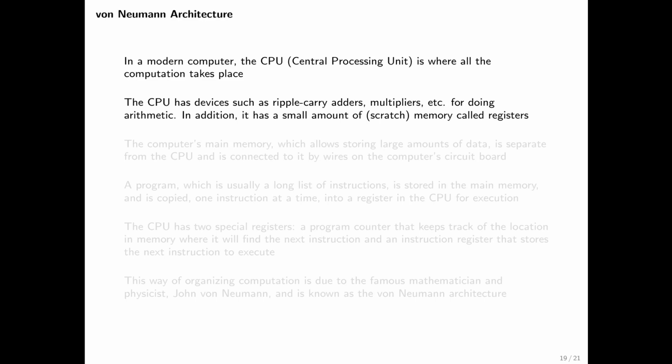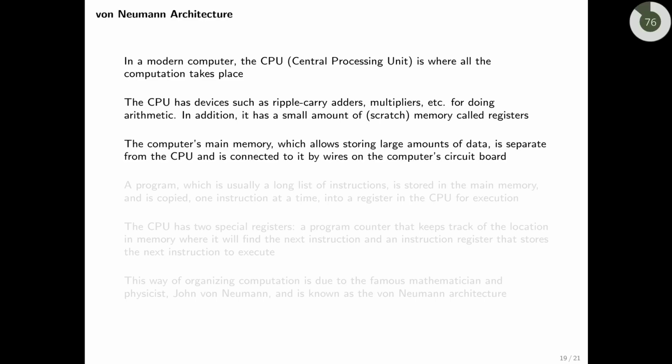But you only have a small number of those. Now, in addition, the computer has what we call the main memory or RAM, which allows storing large amounts of data. The main memory is separate from the CPU, and it is connected to it by wires on the computer's circuit board.